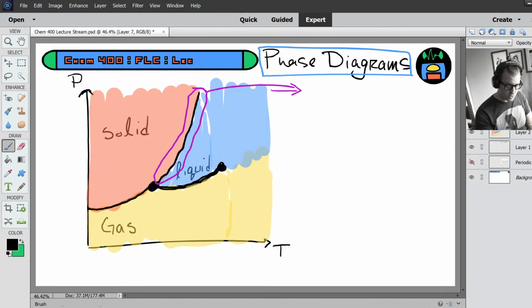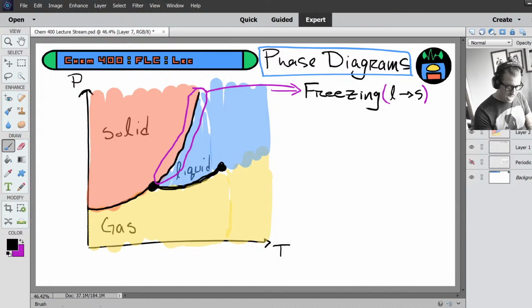This will represent, not boiling, this will represent freezing, which is the transition of a liquid going to a solid.